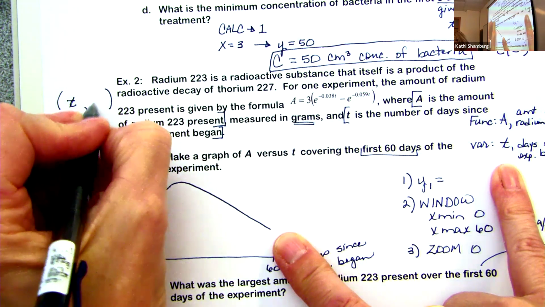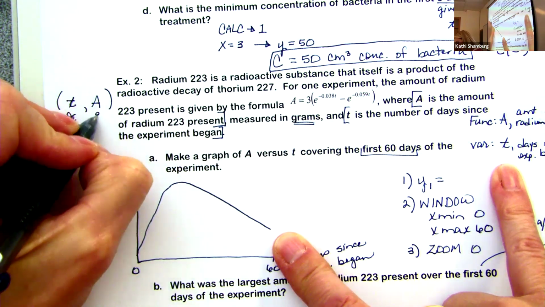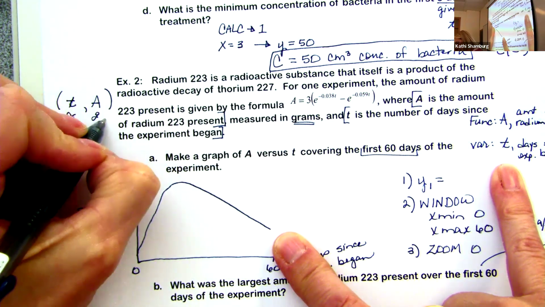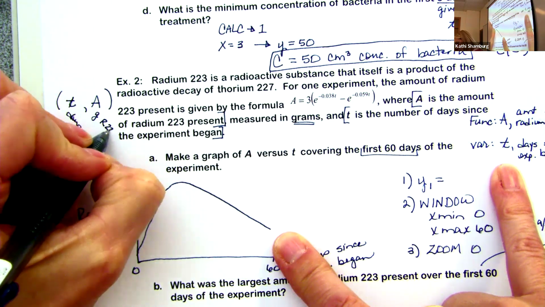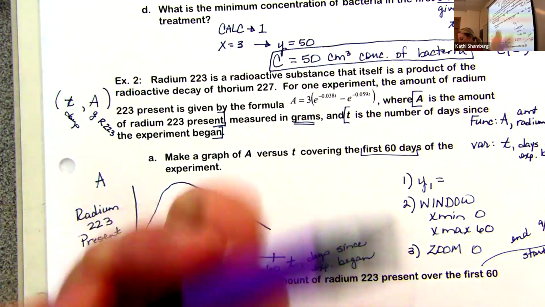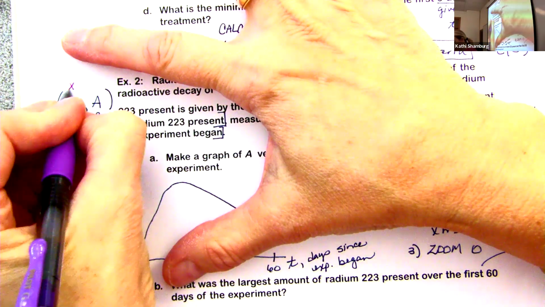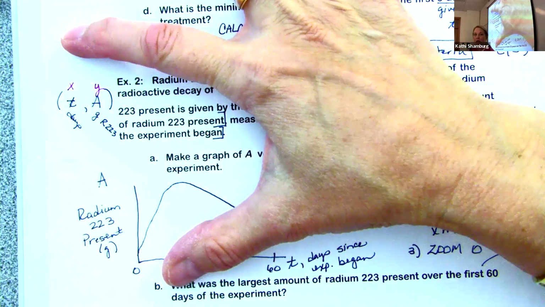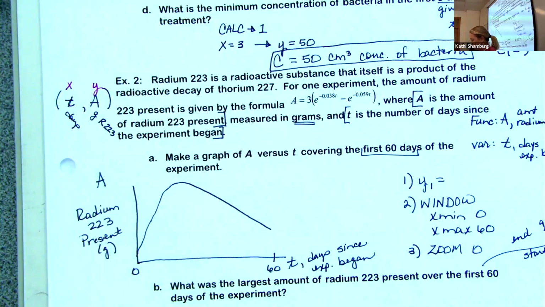And the function is A, which is grams of radium 223, measured in grams. The thing to remember in relationship to our calculator is this is your X and this is your Y.